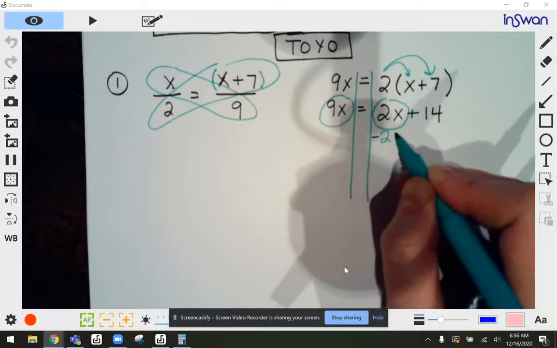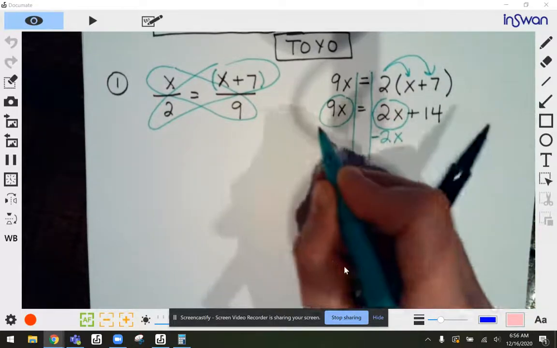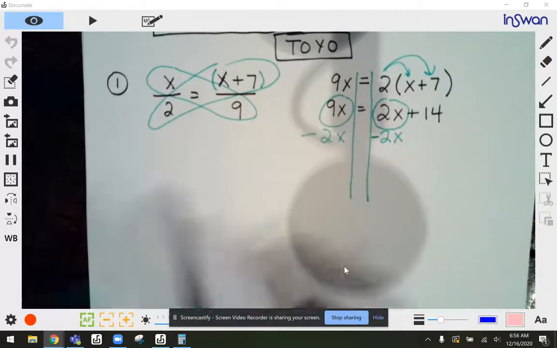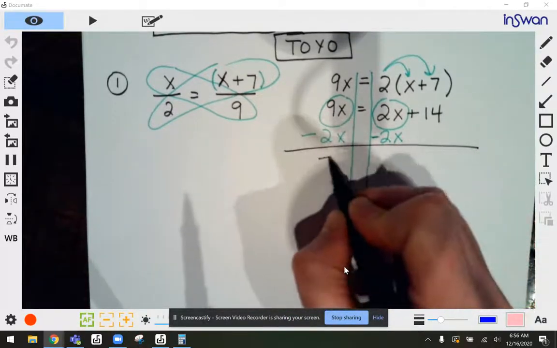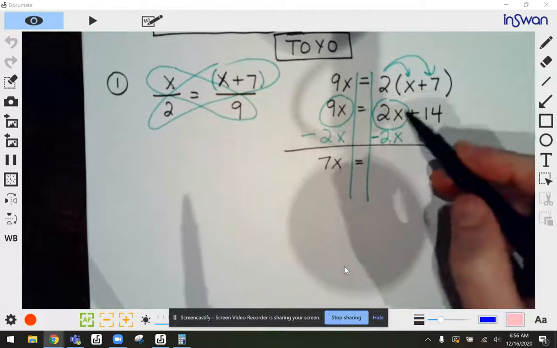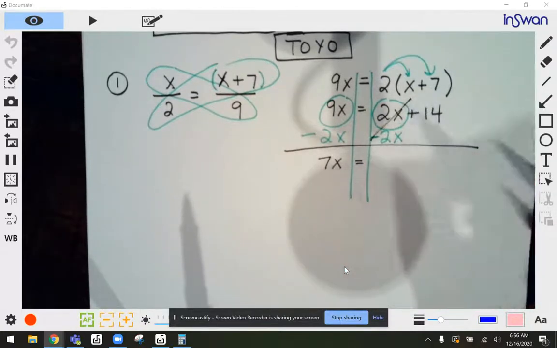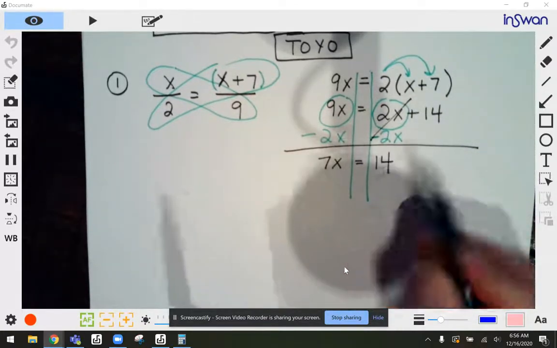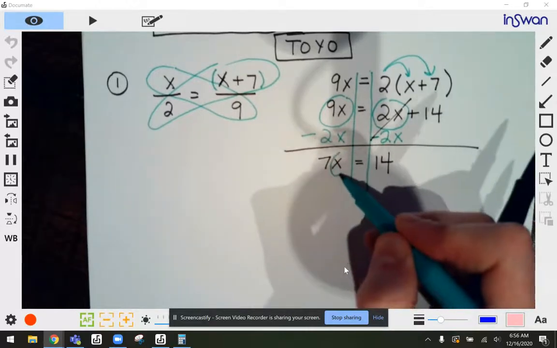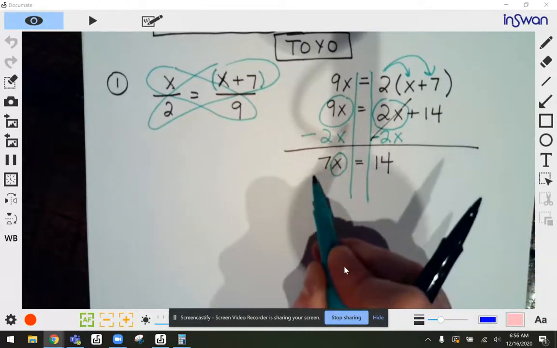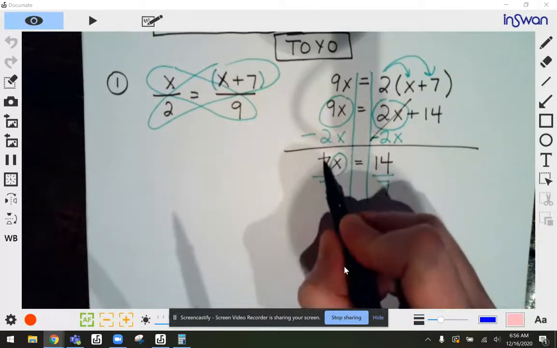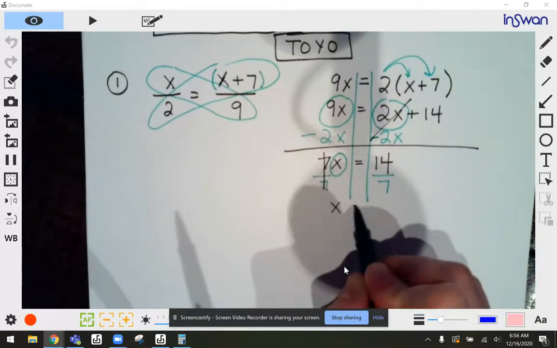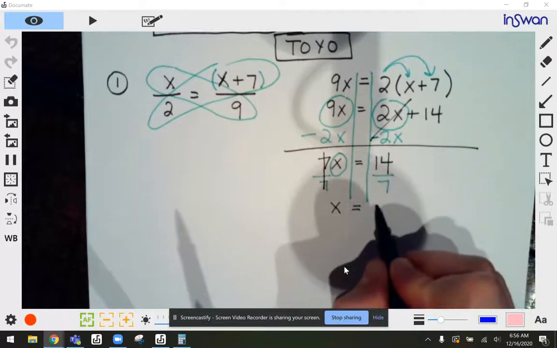So I'm going to take the smaller term and do the opposite. Okay, so 9 minus 2 is 7x. 2x and negative 2x cancel each other out, and I bring down my 14. And then my final step to get x by itself would be to divide by 7 on both sides. 7 into 7 is 1x or x, and 14 divided by 7 is 2.